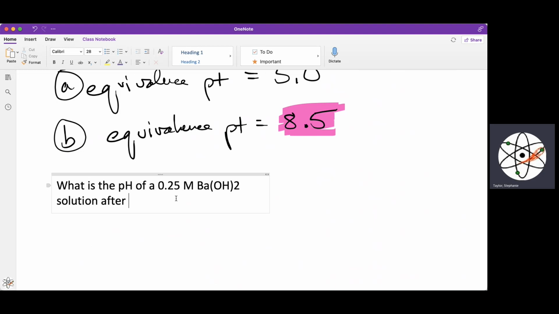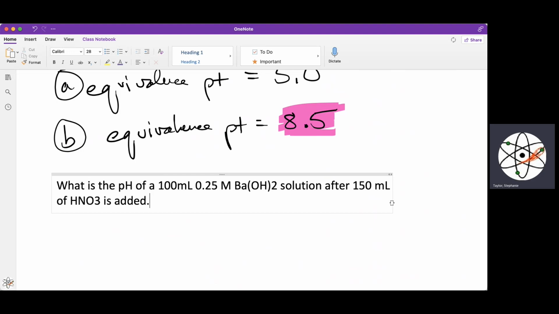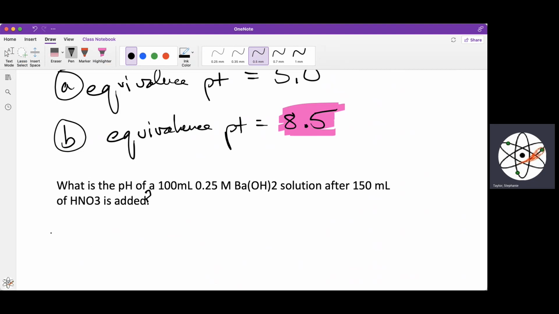The pH of a 100 milliliter 0.25 molar barium hydroxide solution after 150 milliliters of HNO3 is added. Trying to do things that are not just sodium hydroxide and hydrochloric acid. So there should be a question mark there.